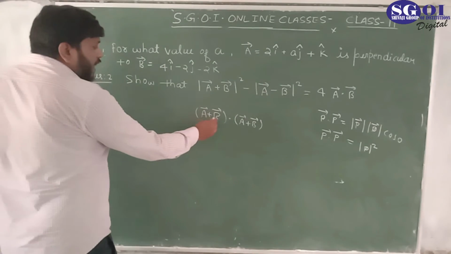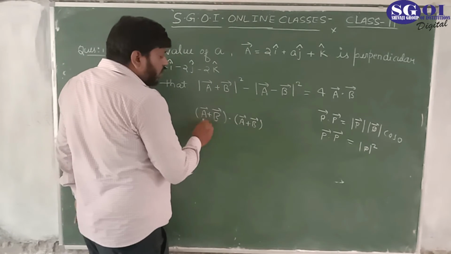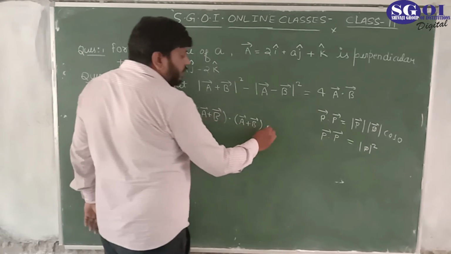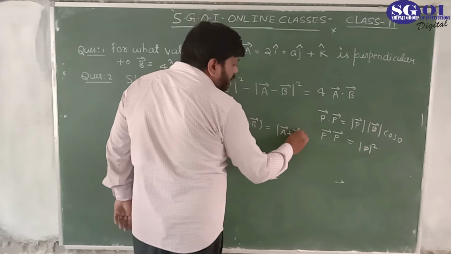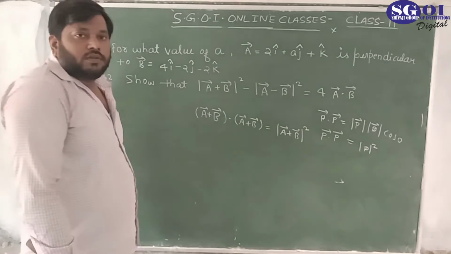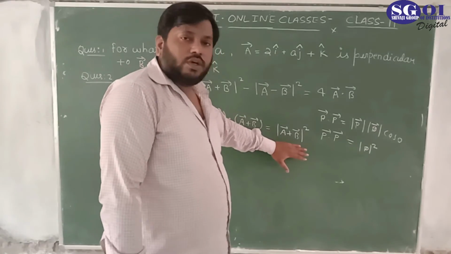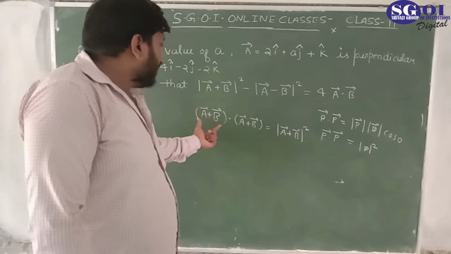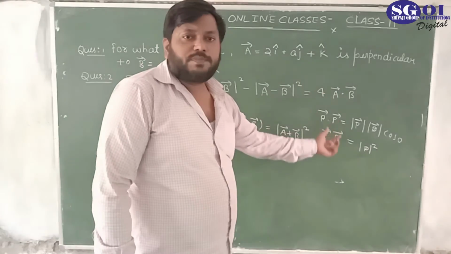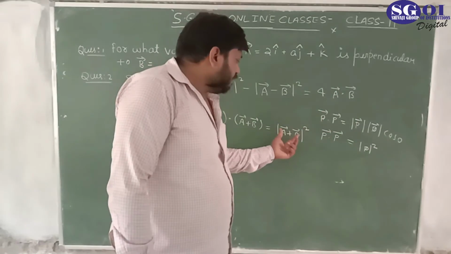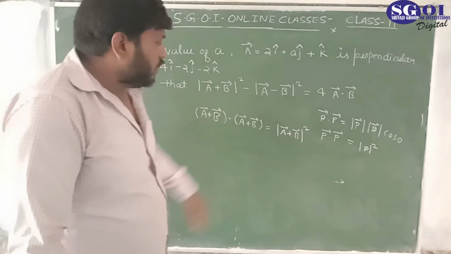In the same way, a plus b dot a plus b, with itself, is equal to mod a plus b whole square, because the angle between the a plus b vector and the a plus b vector is 0. Mod a plus b, mod a plus b, cos 0 means simply mod a plus b whole square.